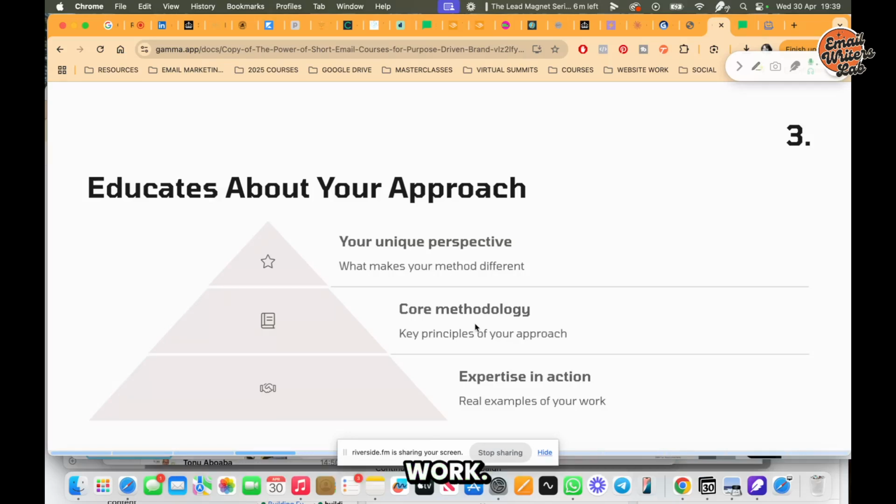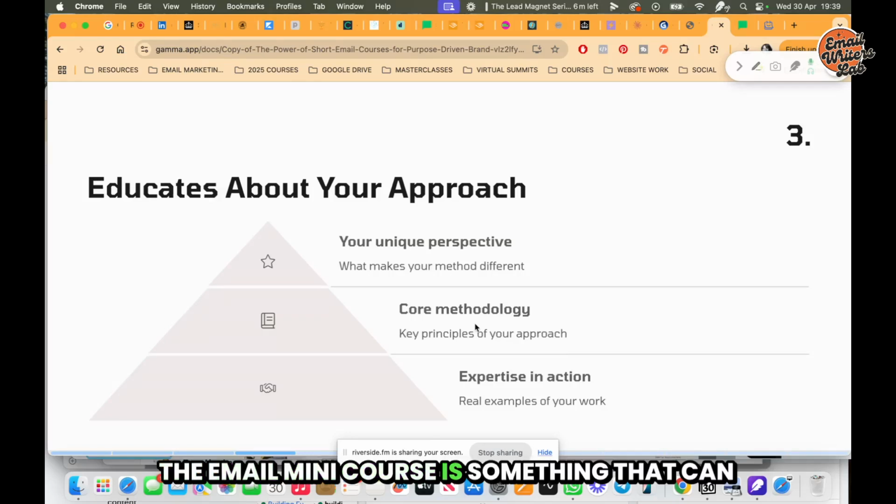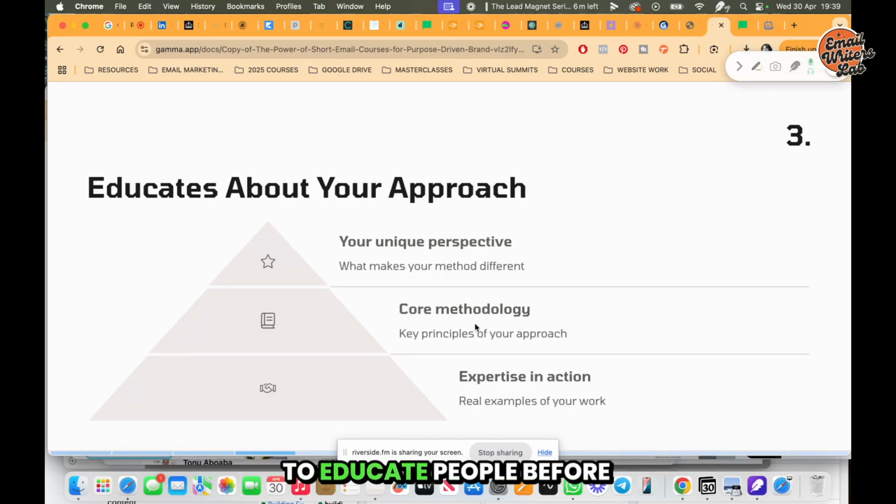The email mini course is something that can be adapted to many, many different industries, not strictly all industries, but many. If you're a thought leader, if you have some specialized knowledge, if you provide some specific services, and you just want to educate people before you invite them to work with you, this is a great way to do it.